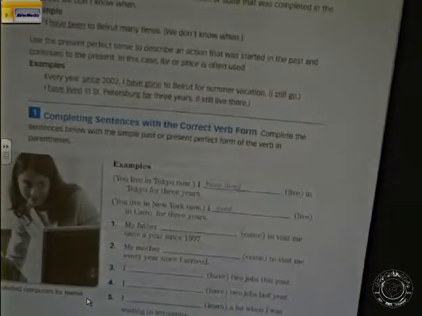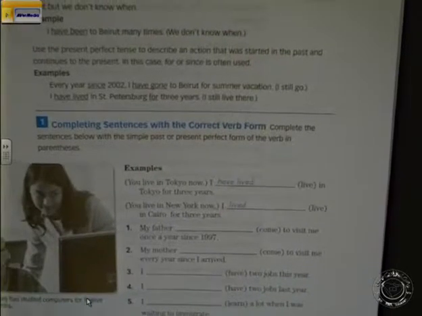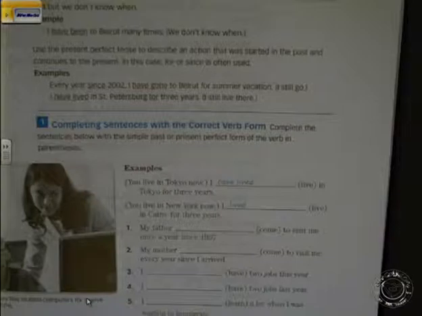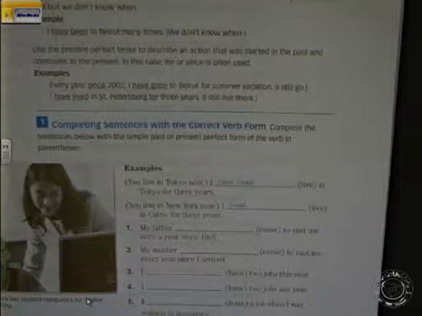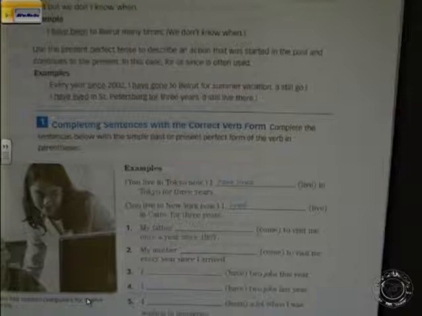Let's take an example of this. It's the same page, page 73, and the exercise which I'd like you to focus on when you're revising and studying for the test, and that is completing sentences with the correct verb form.